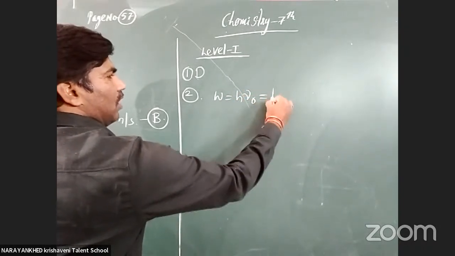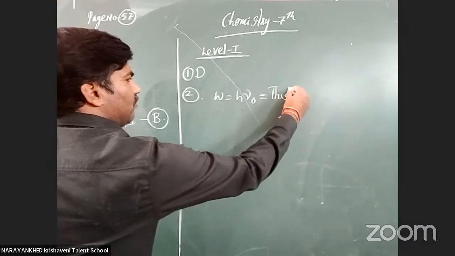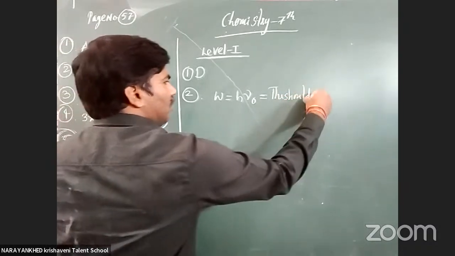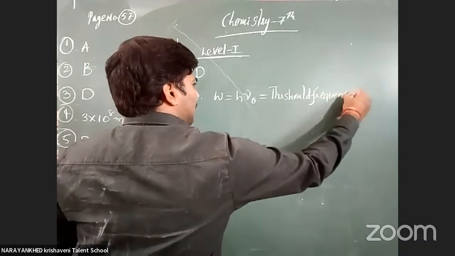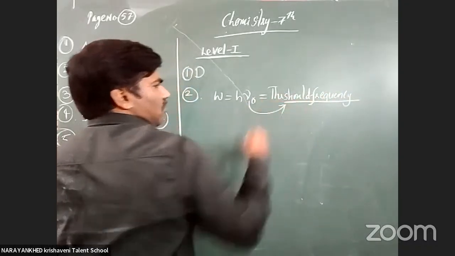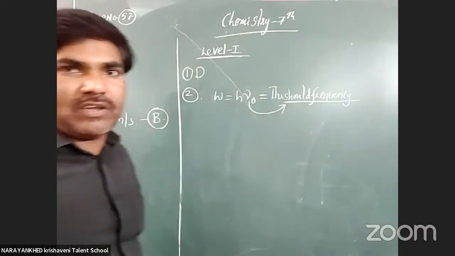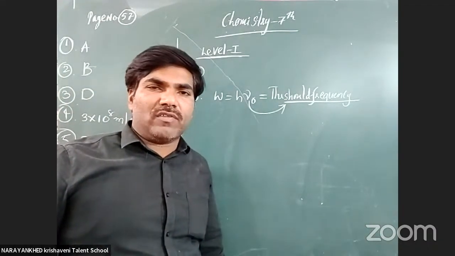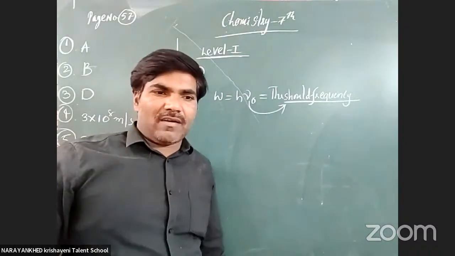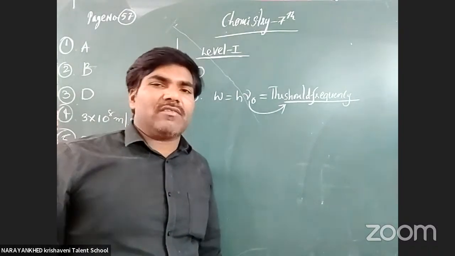Now what is it actually called? Threshold frequency. What is the threshold frequency? This nu naught is called the threshold frequency. This frequency is utilized to take the electron out from the metal surface.